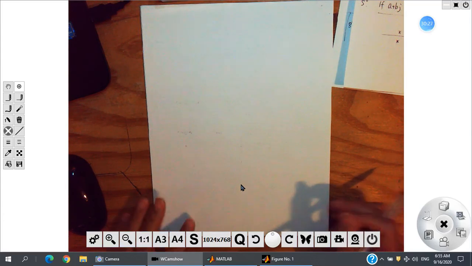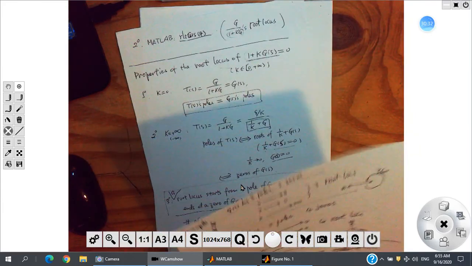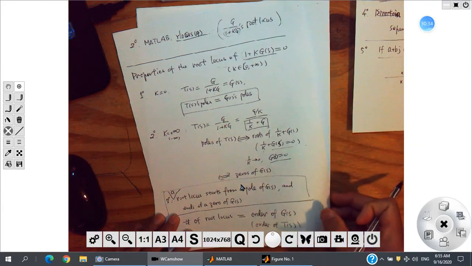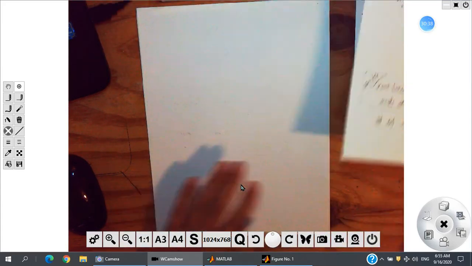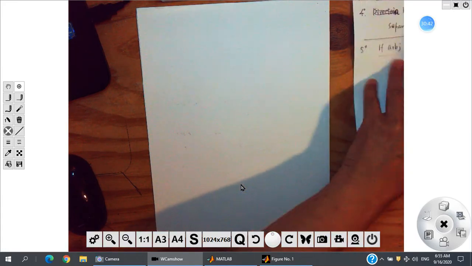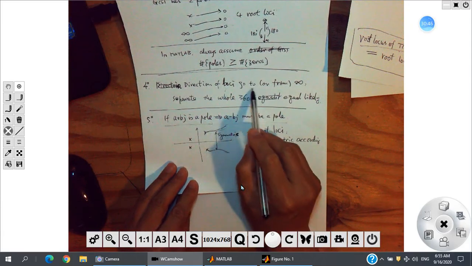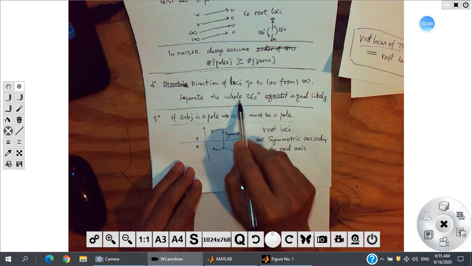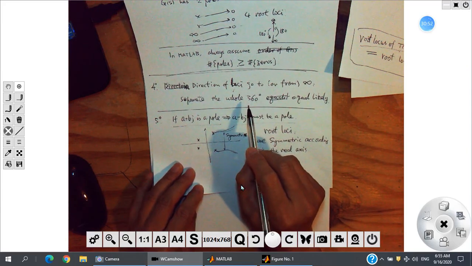Okay, this one we need more. Not just the direction. When the loci go to infinity, we have the direction, but actually we have two more features.